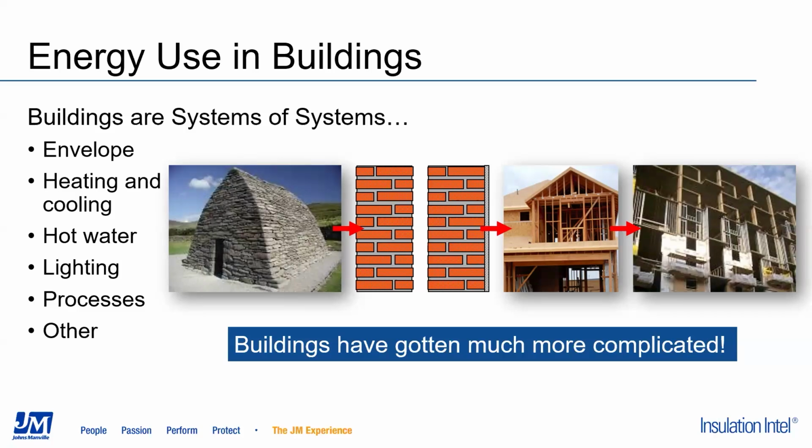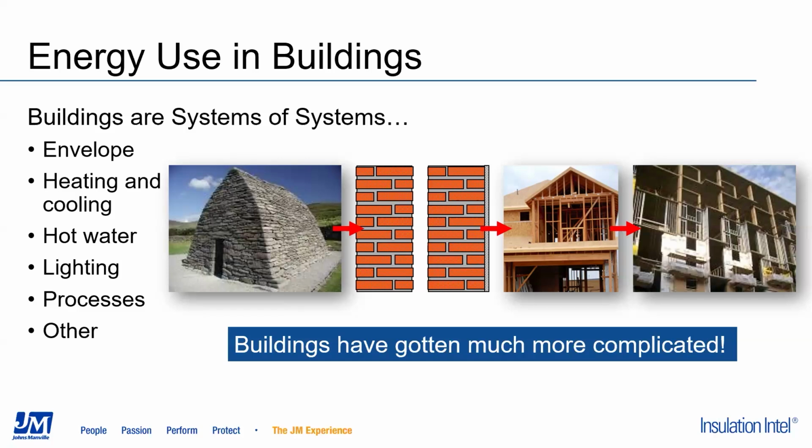And as we move across the slide, we see a progression of how we construct buildings from brick and mortar to wood framing to, on the right-hand side, combinations of concrete and steel infill and a bunch of other layers. So, right, we need to recognize as we look at these questions we're going to talk about today that buildings have gotten just a lot more complicated.